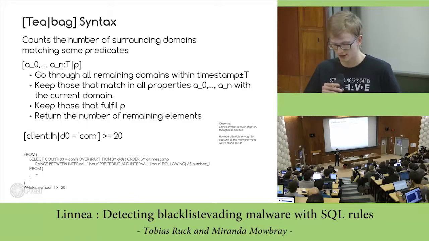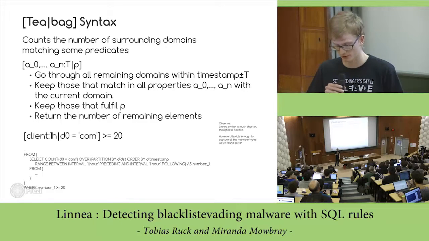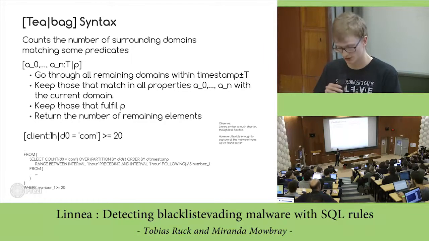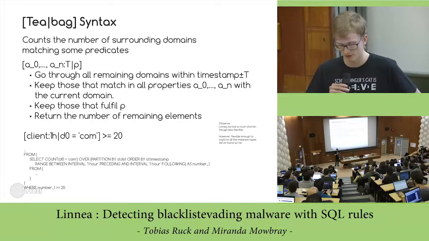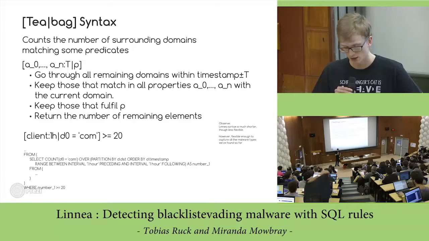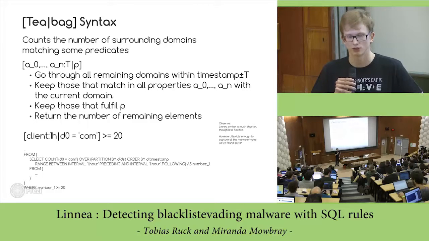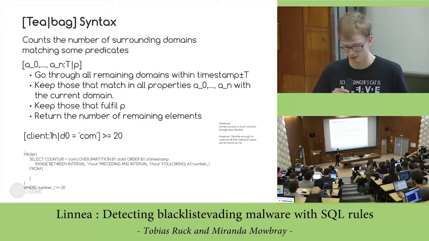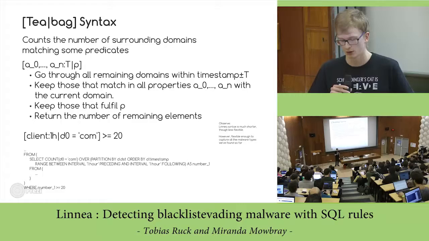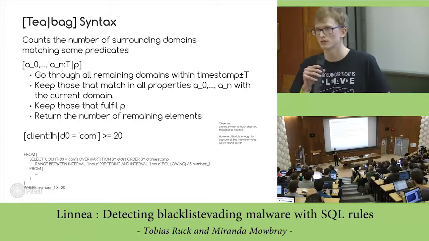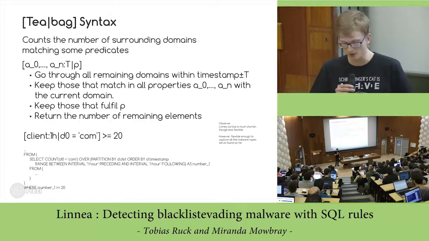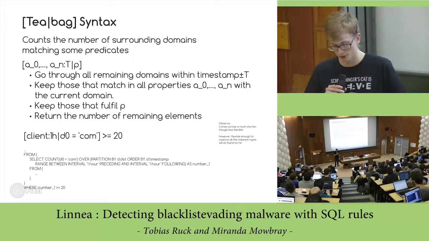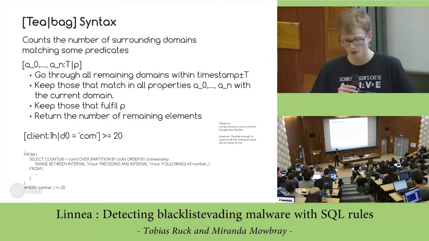It basically counts the number of surrounding domains from a domain matching some predicates. So if we have a teabag like this, where we have the properties A0 to AN with time frame T and predicate P, we go through all remaining domains within the time frame T. Then we keep all those that match all properties A0 to AN with the current domain.